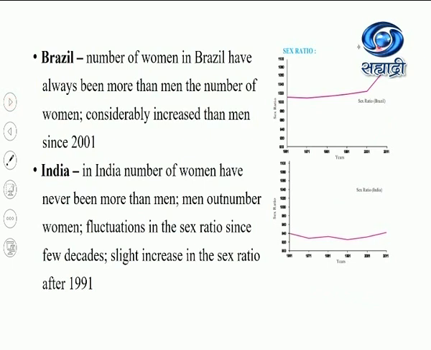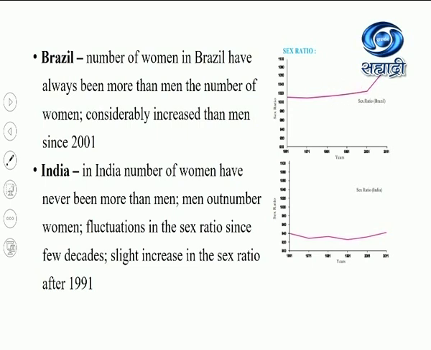Now here you can see this graph. It's a simple line graph. This line graph shows the sex ratio from 1961 to 2011, both in Brazil and in India. So we can conclude from this graph that the number of women in Brazil has always been more. As you can see, it is more than 1,000, even in 1961, in 71, 81 and so on.